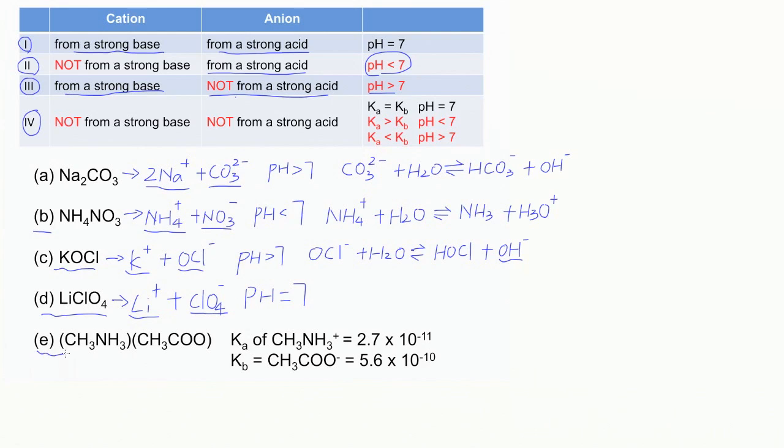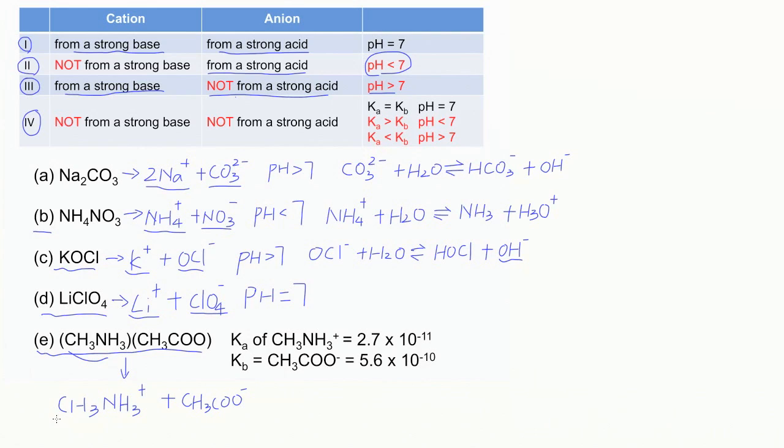When you look at example E, this salt, you have 2 ions. If you dissolve that in water, it will give you CH3NH3 cation and the acetate, CH3COO minus.